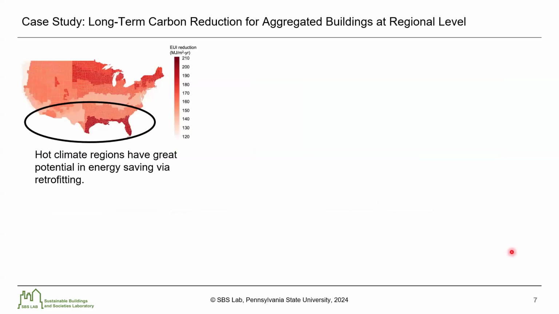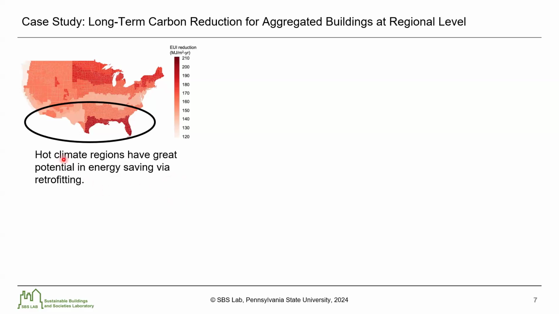After we implement the energy efficiency measures on our school building, here is the result of the energy use intensity reduction. You can see the deep red means the energy use reduction is pretty high, so the building has a great potential to reduce energy.